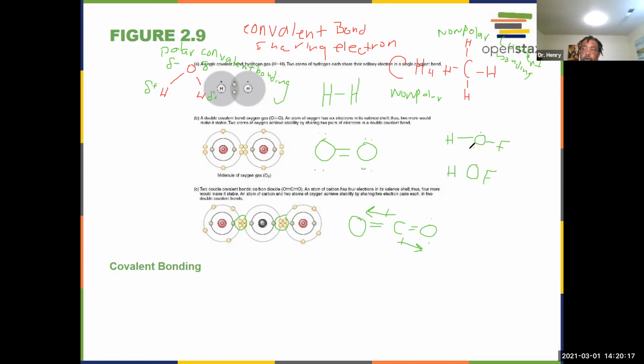Okay, so fluorine has a strong electronegativity, so the electron is going to be pulled more this way than it is going to be pulled towards the hydrogen, right? And as a matter of fact, the hydrogen is weaker than the oxygen, so it's also going to be pulled this way. So overall, if we added these two together, the overall is going in this direction.